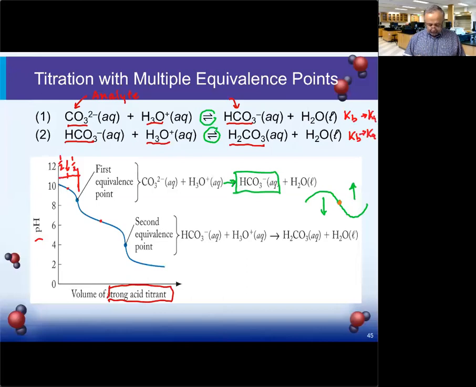This is Ka1 from the acid side, the first dissociation of the acid, and this is the second dissociation of the acid. So for polyprotic acids, the 1 and 2 are with respect to the acid dissociation. So this is pKa1, and this one is pKa2. They come in the reverse order because we're going in the reverse order in terms of pH. We're going from basic to acidic.